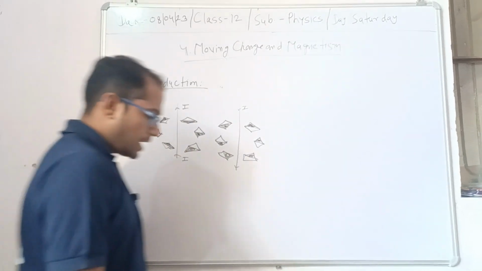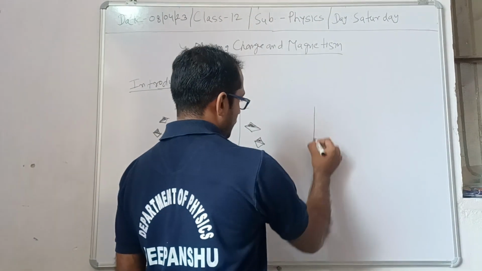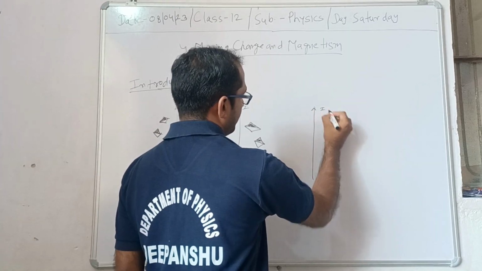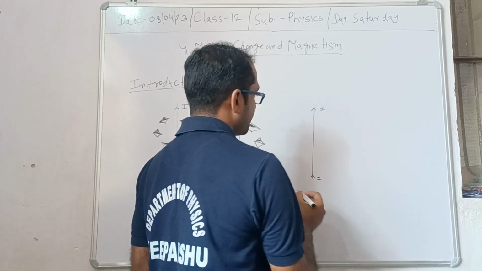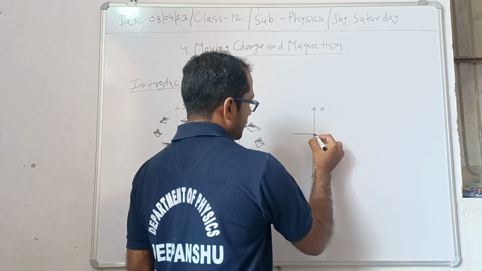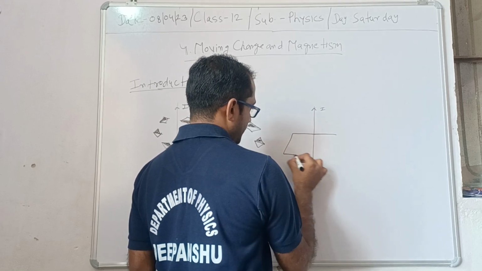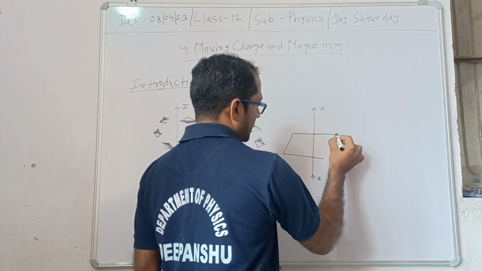If we use another example, this is a wire with current I, and there is a non-conducting sheet.